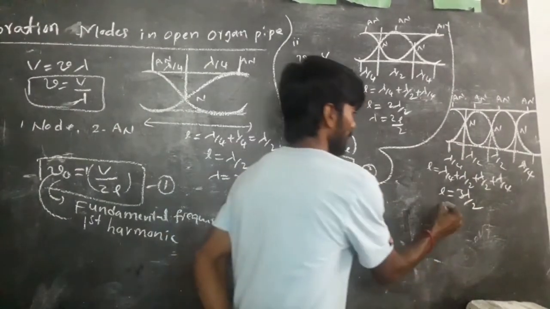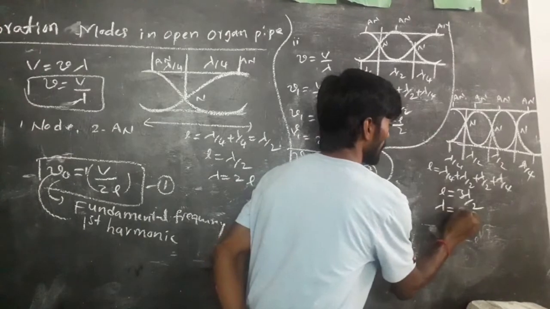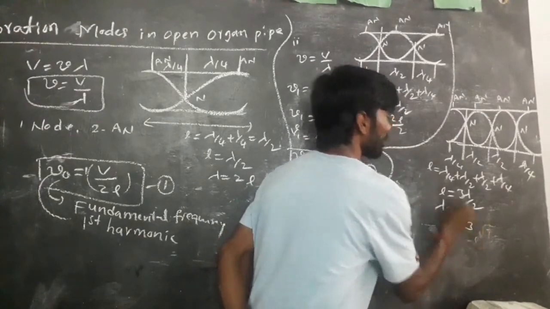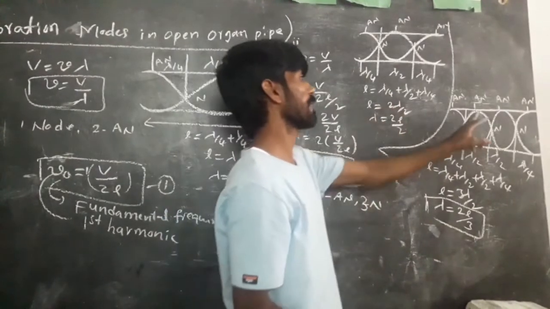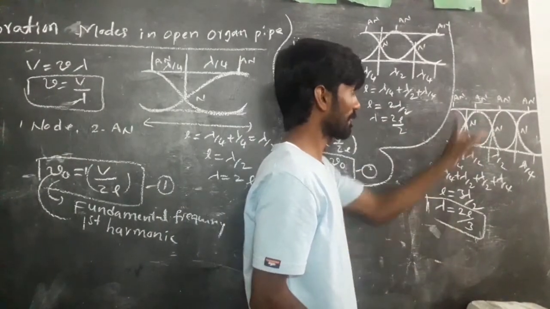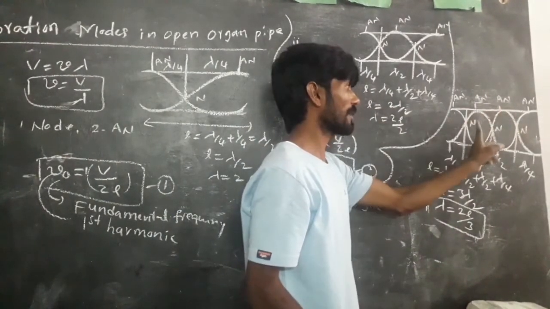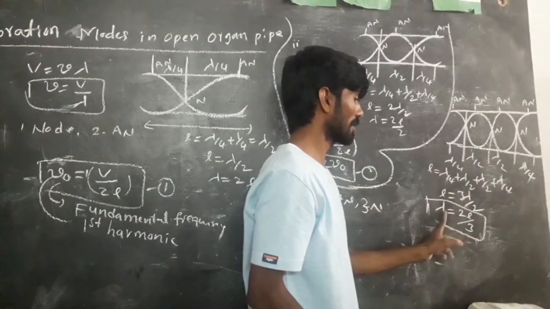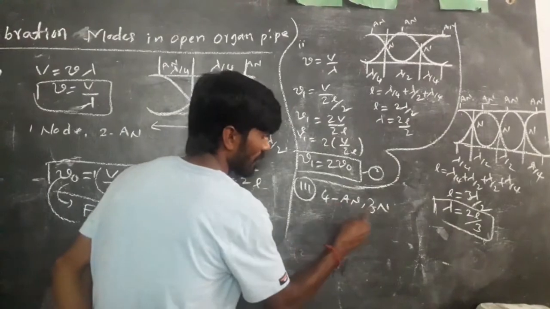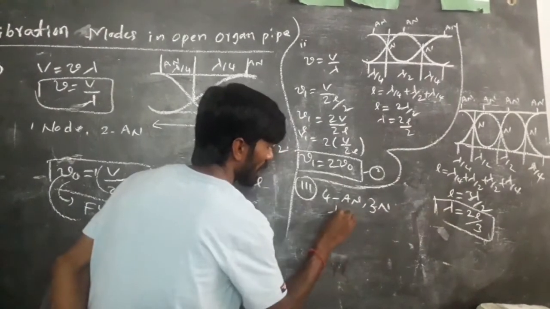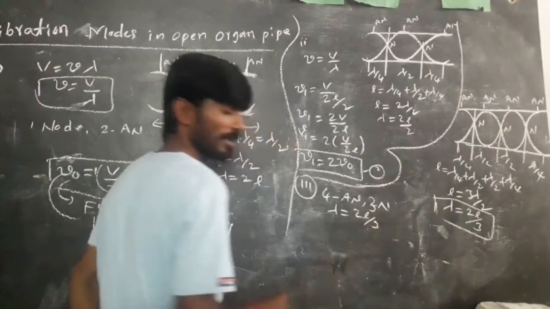Then wavelength lambda is equal to 2L by 3. So here it is 4 antinodes and 3 nodes, and the wavelength lambda is equal to 2L by 3.